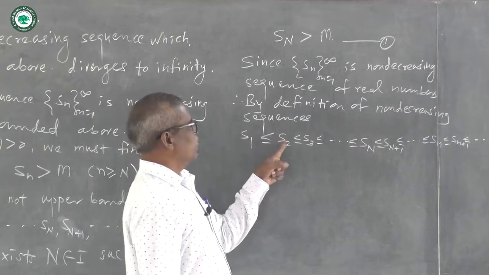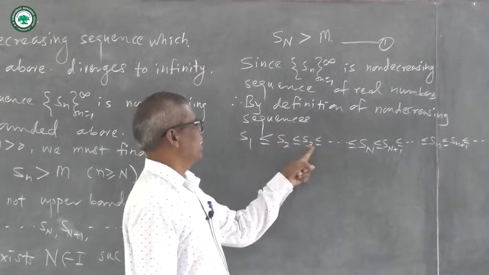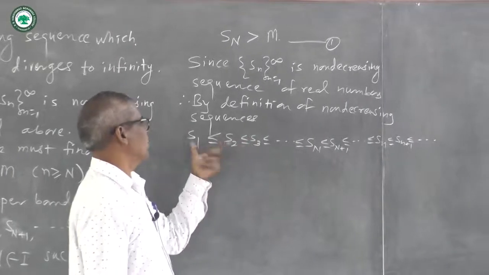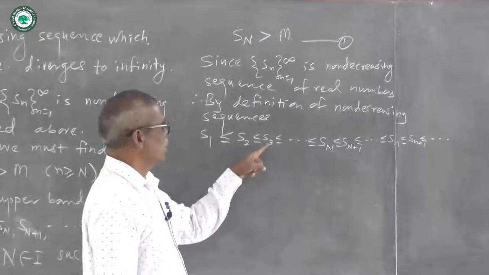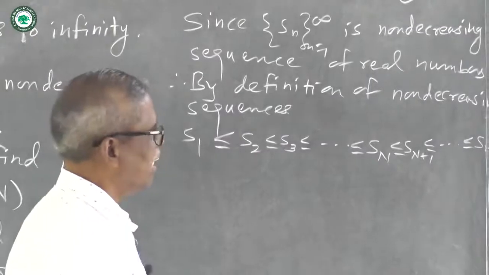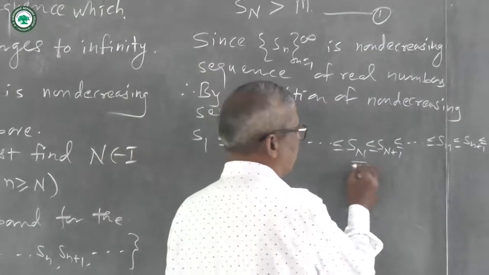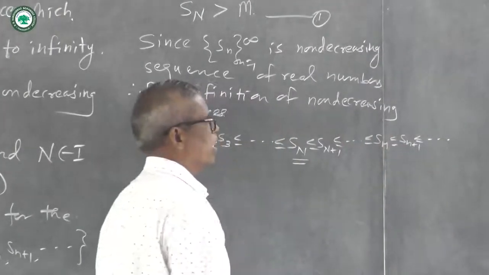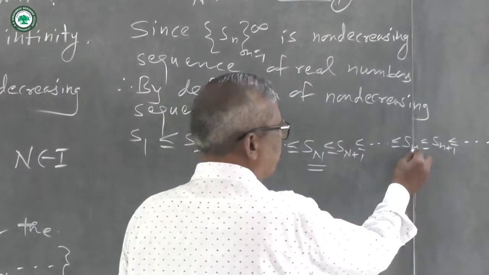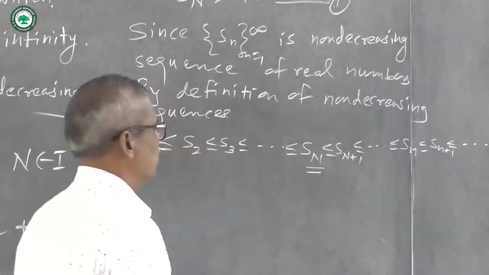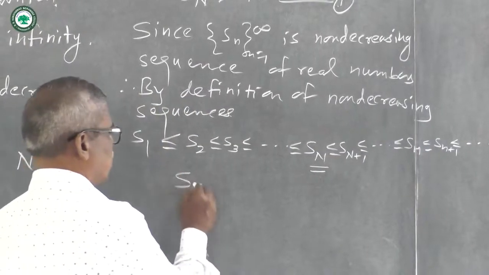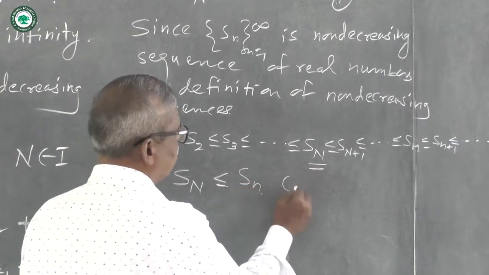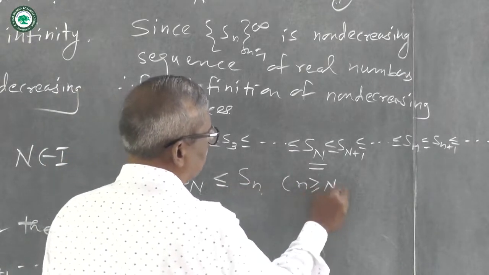Here capital N is smaller than small n, that is, small n is greater than or equal to capital N. S suffix capital N is less than or equal to S suffix small n for all n greater than or equal to capital N.